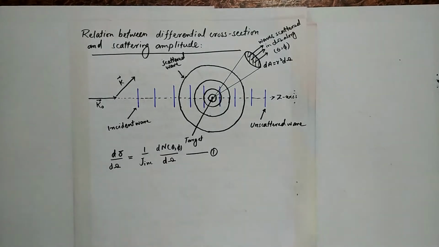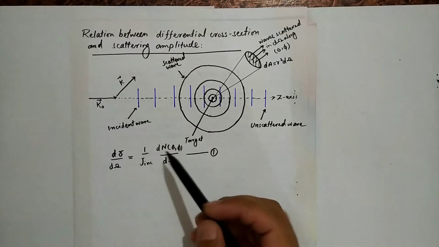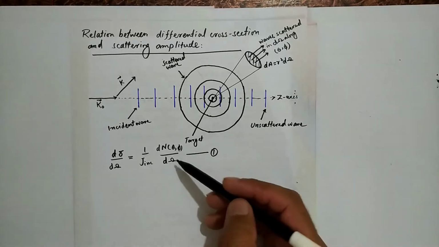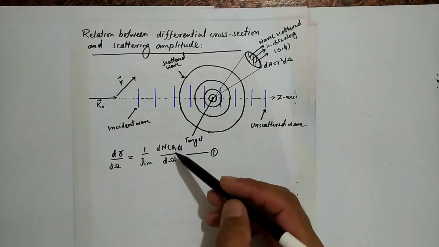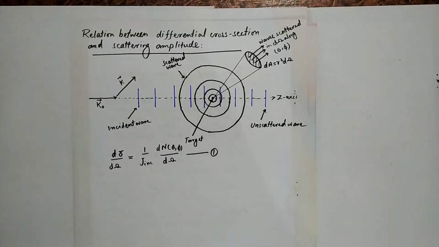This equation is the basic equation for the differential cross section, which is the number of particles scattered into a solid angle in the direction of theta and phi per unit time per incident flux.